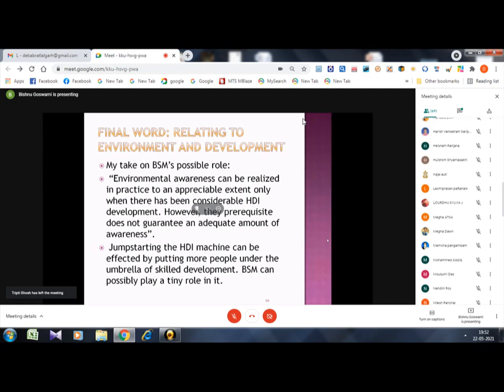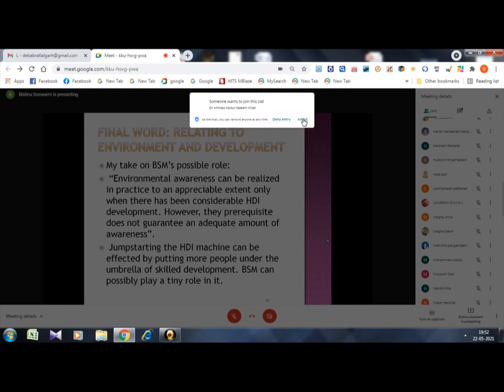The prerequisite does not guarantee an adequate amount of awareness. So we can have considerable HDI development, but we can still not have environmental awareness. But we need HDI development for getting environmental awareness. It won't happen automatically. That's what I'm saying.